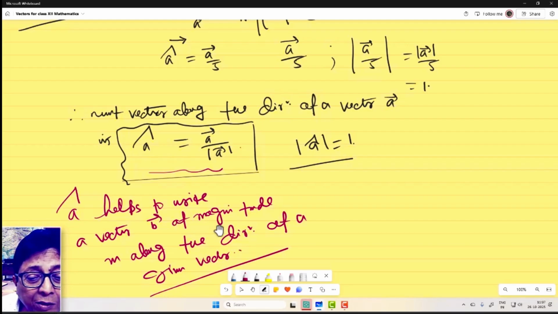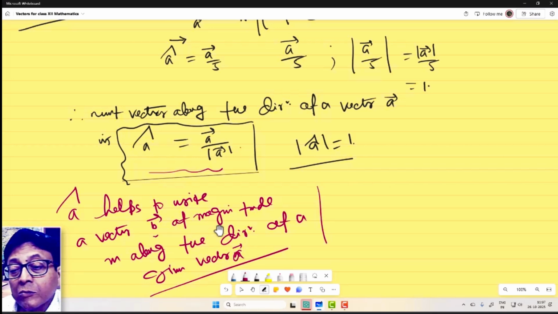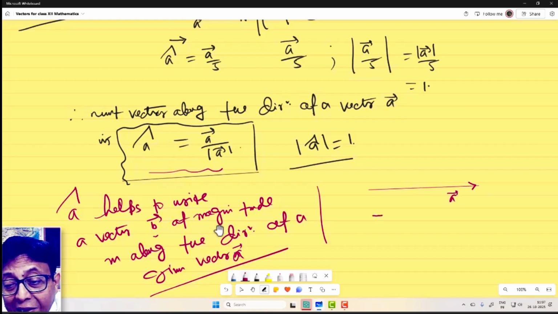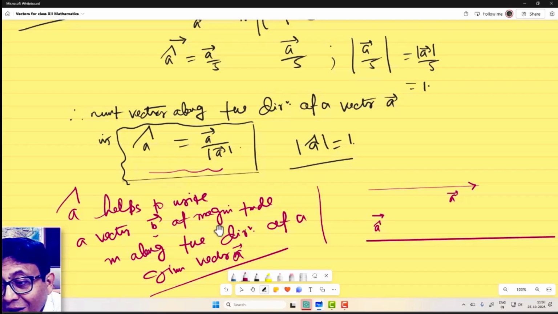Of a given vector we are taking A. So how to represent the vector B? A vector is given. So you take the vector A first. You draw it. This is A. Then you draw A cap. Then you multiply this by m. M may be anything.